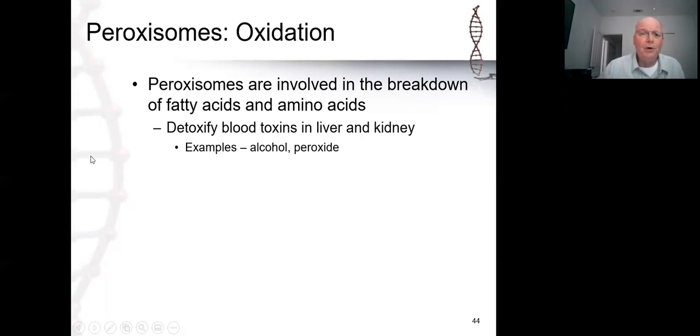Peroxisomes are also involved in breaking down molecules that we've referred to as oxygen-free radicals, an example of which would be peroxide. And the problem for plants is that because they make oxygen as a waste product during photosynthesis, there are always going to be a lot of oxygen-free radicals around.